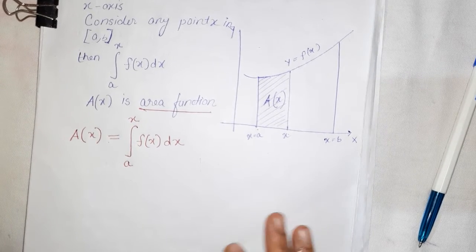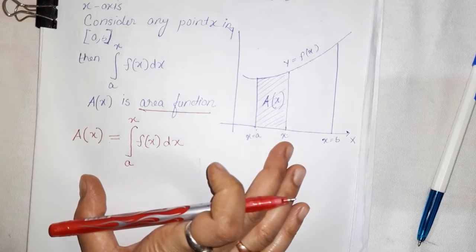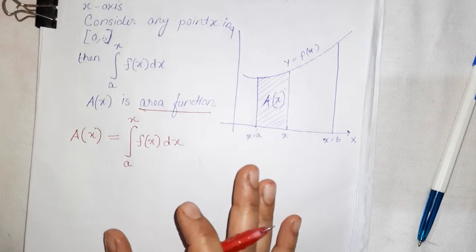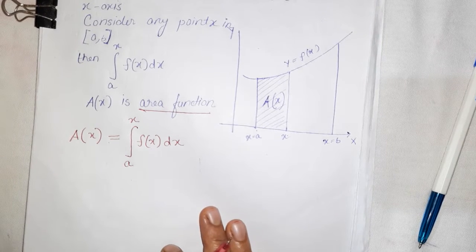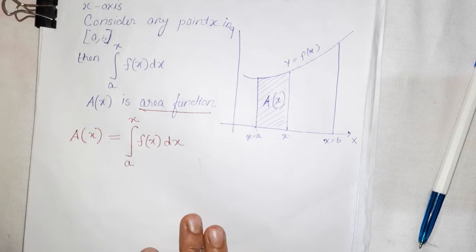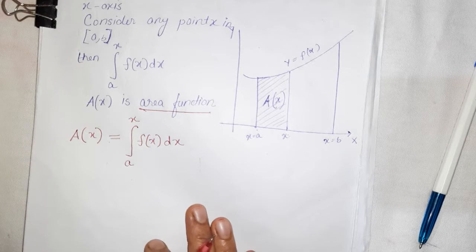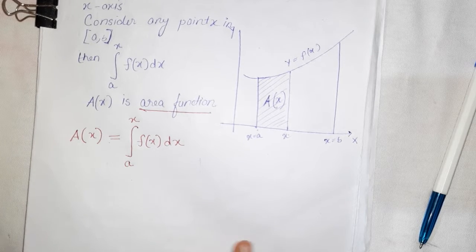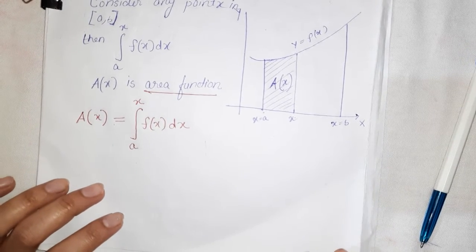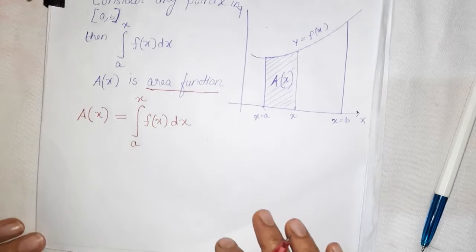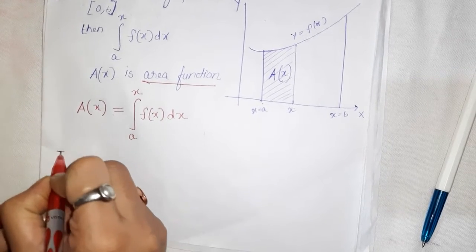Based on this area function we define two fundamental theorems of integral calculus. But you do not need the proofs of those theorems, as they are not in your syllabus, so we need only the statements of those theorems.